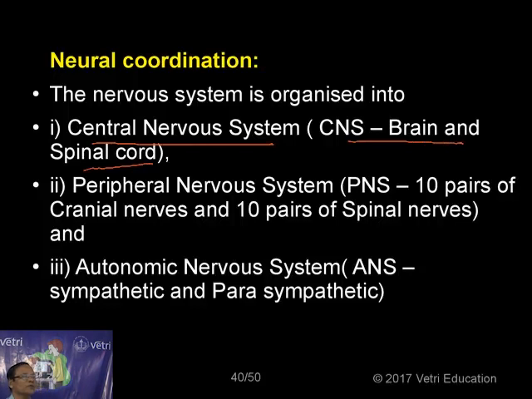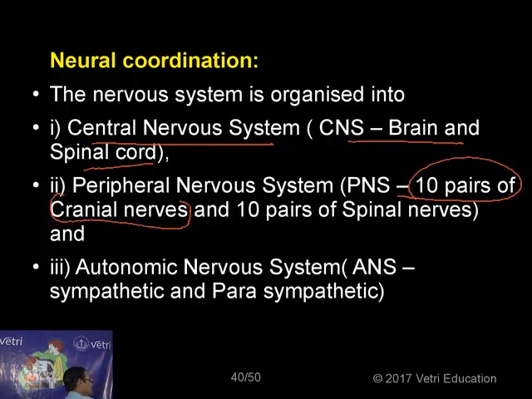Two, the peripheral nervous system, which includes the cranial nerves and the spinal nerves. In the frog, the peripheral nervous system consists of 10 pairs of cranial nerves and 10 pairs of spinal nerves arising from the spinal cord.